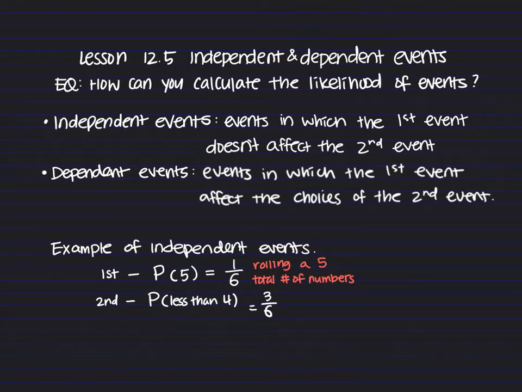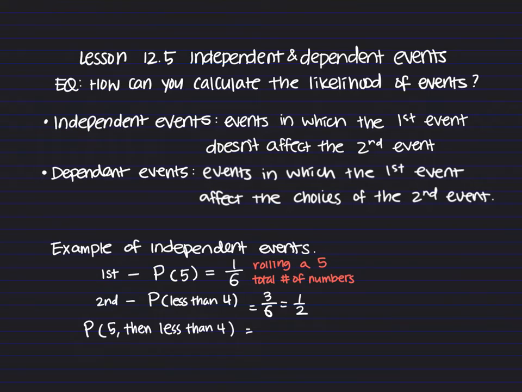So I have 3 out of 6 choices, which I'm going to simplify to 1/2. What I want to find out is the probability of having 2 separate independent events in one. So I want to find the probability of rolling a 5 and then rolling another one with less than 4.